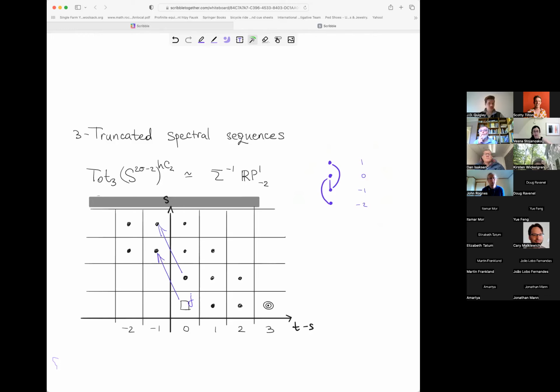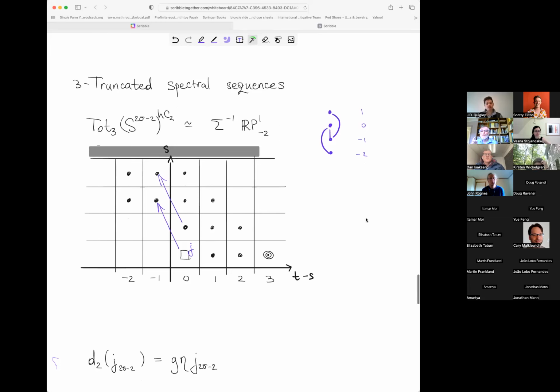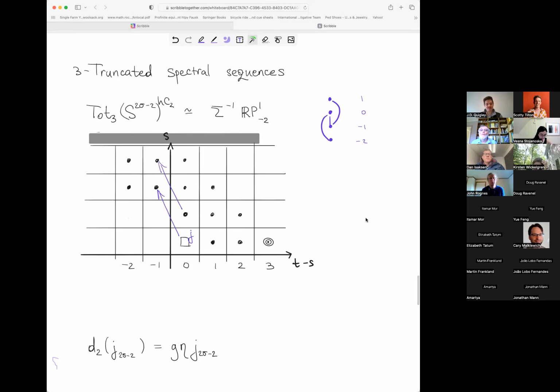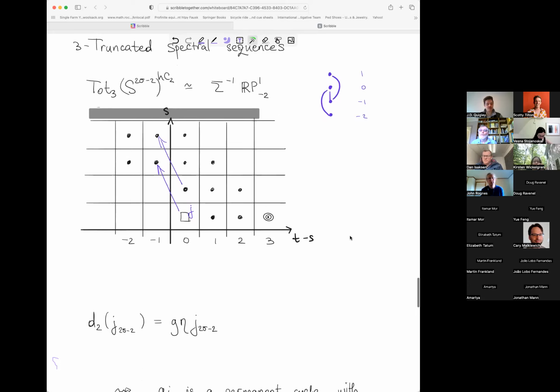This is going to be a really sped up version, but that's what we can do with the amount of time we have. So there are those d2 differentials, and over here there's a class G times this generator J, where G is a generator in H2 of C2 with coefficients in Z, which is pi 0 of the sphere.